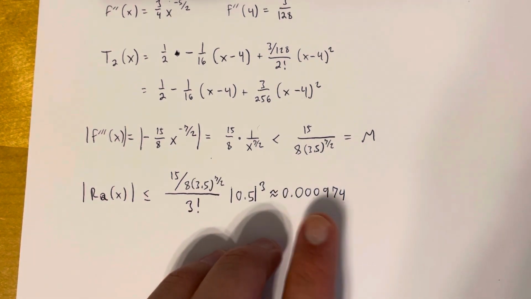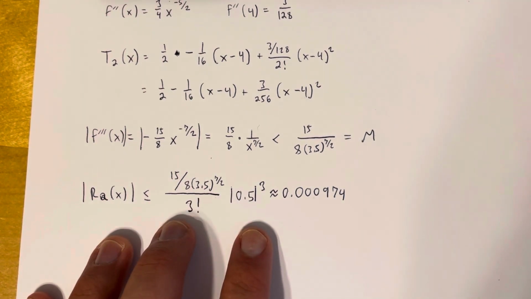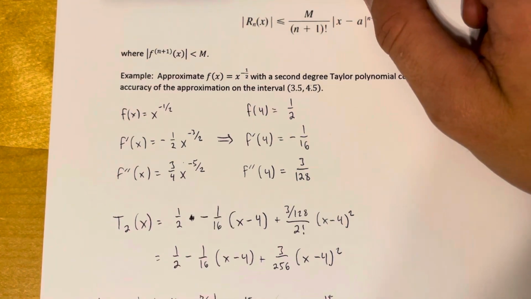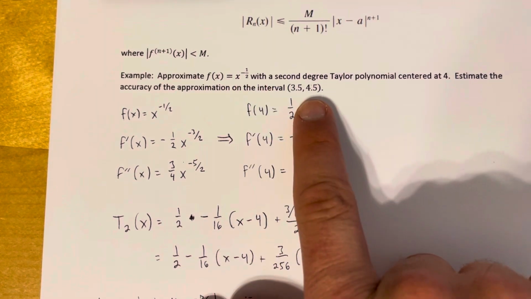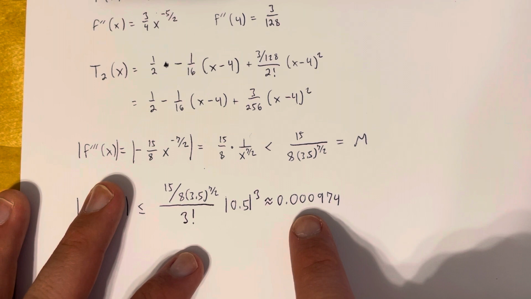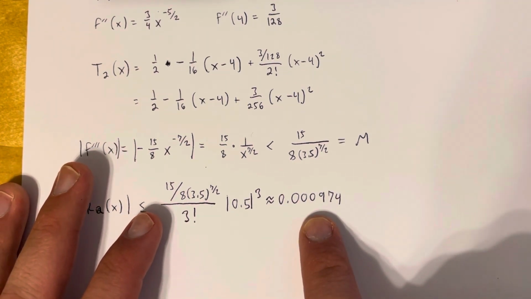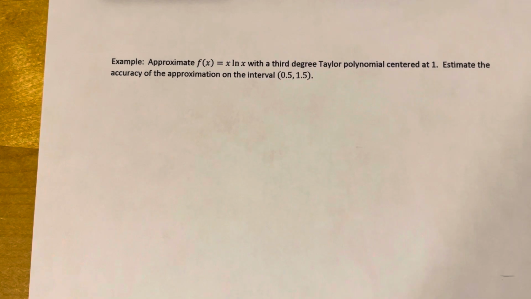So the fact that I have 3 zeros after that decimal point indicates that if I use this second degree approximation for that function x to the negative 1/2 for any number x that I could plug in from this interval, then I will have basically 3 decimal places of accuracy in my answer. Let's do one more example just to get something else under our belts.